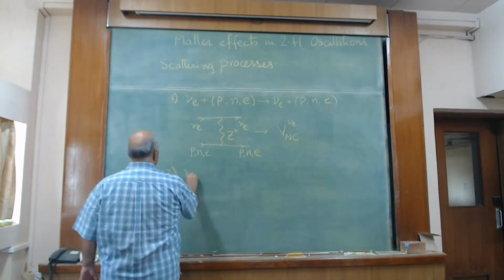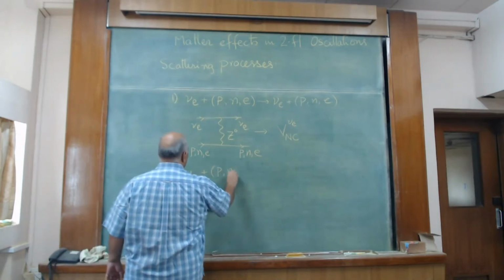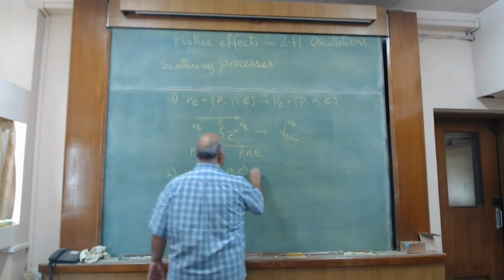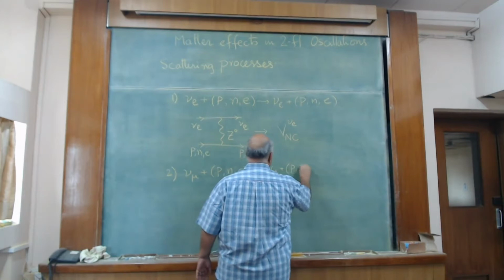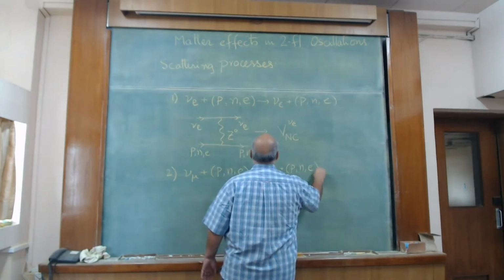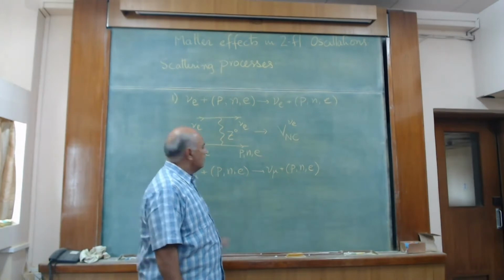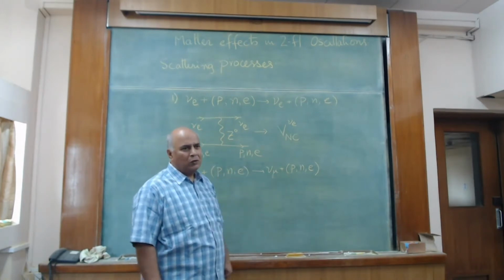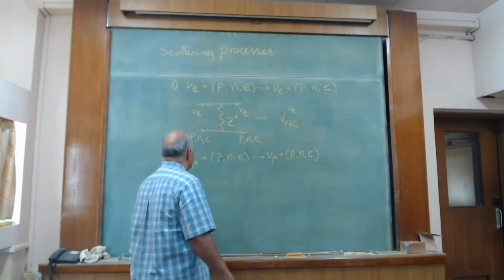And now let us consider nu mu. So similar thing, except I replace electron neutrino by muon neutrino, and in the Feynman diagram also.